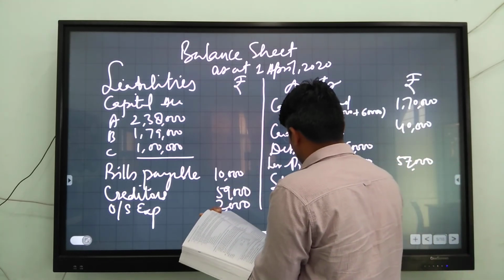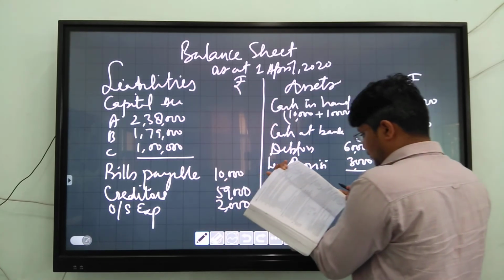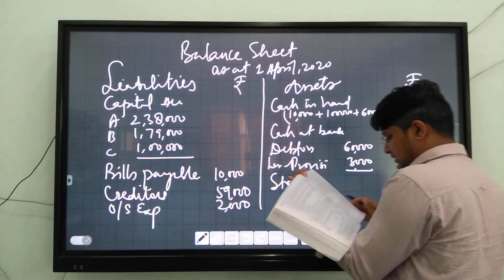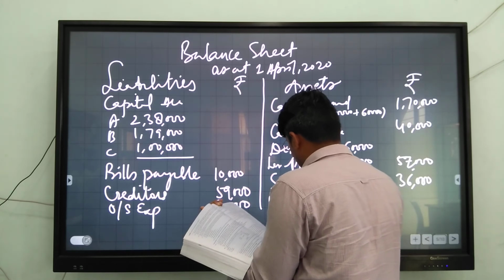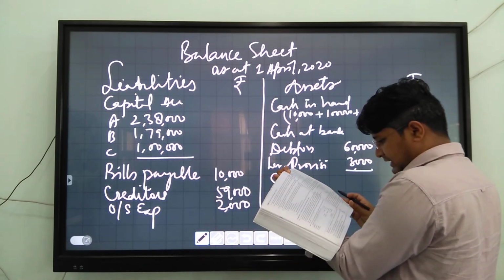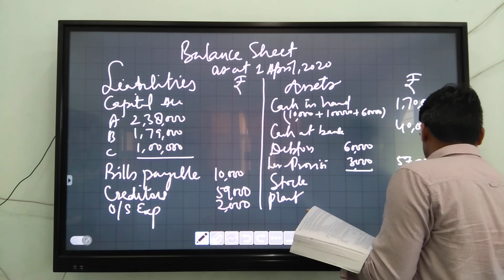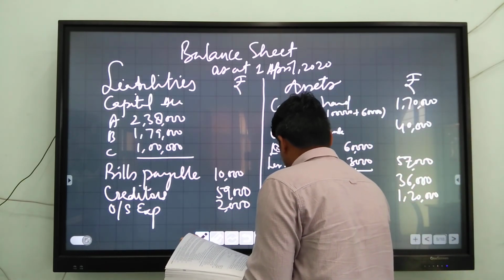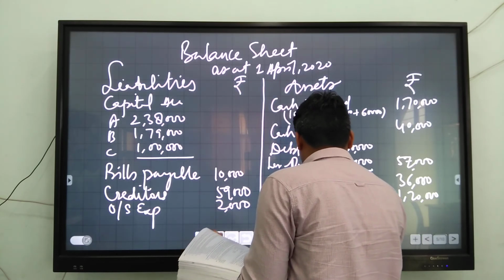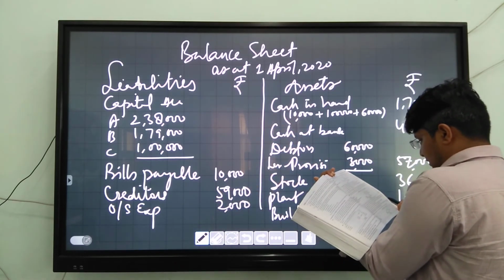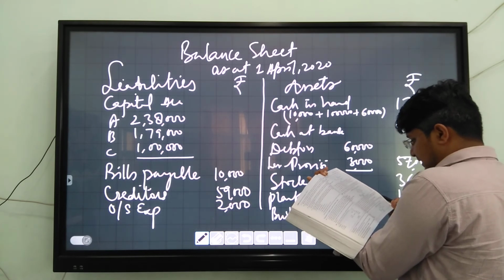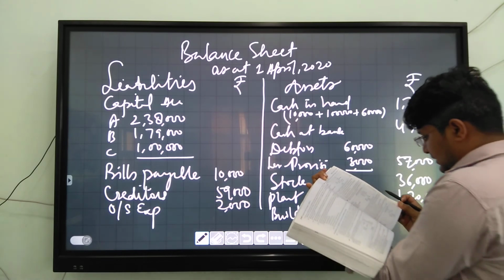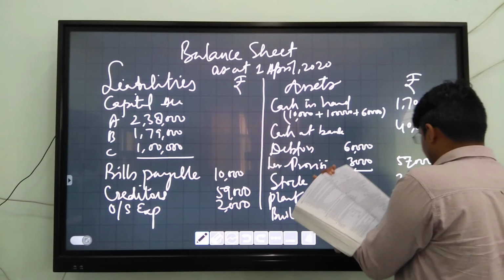Stock 40,000 minus 4,000 is 36,000 and plant 1 lakh. Now 1,20,000, it increases. And the last one is building 1,50,000. The value of building increases by 10%, that is 15,000. 1,50,000 plus 15,000.